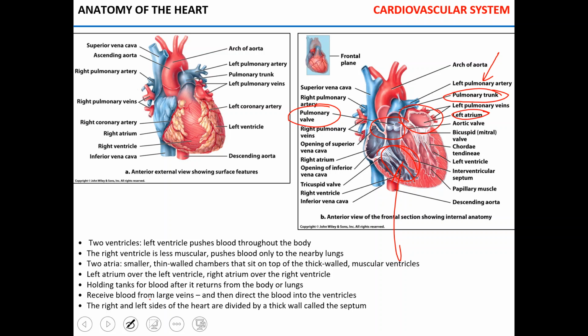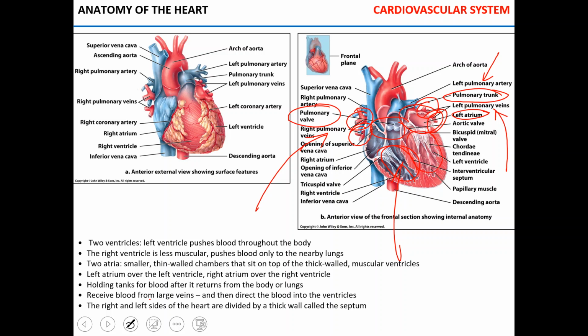Blood returns from the lungs into the left atrium, and it enters the left atrium through pulmonary veins. You can see pulmonary veins here and here. Left atrium pumps the blood into the left ventricle.